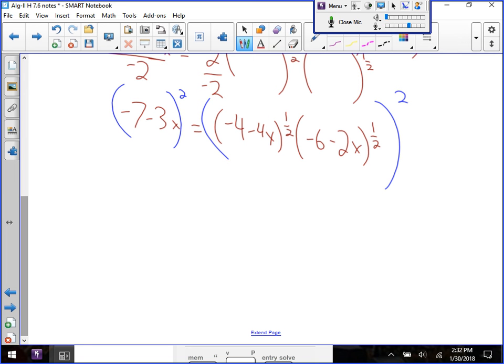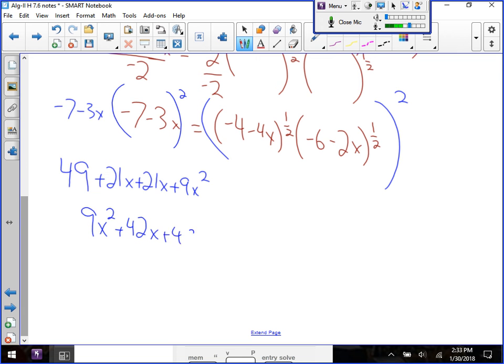Okay? So if I square this out here, I'm just going to read out negative 7 minus 3x. FOIL it out, I'm going to get 49 plus 21x plus 21x plus 9x squared, gives me 9x squared, 42x, and a 49. We okay with that? Just foiling? Okay.